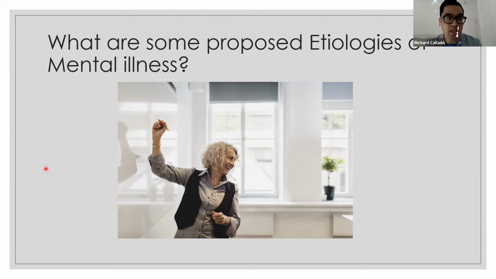So if someone goes into the ER aggressive, having hallucinations, paranoid, and we do a drug test and they're positive for PCP, phencyclidine, once they metabolize the PCP, sometimes the psychosis goes away, and they sometimes get antipsychotic medications just to help calm them down. So now we know that it's more than just dopamine, right?